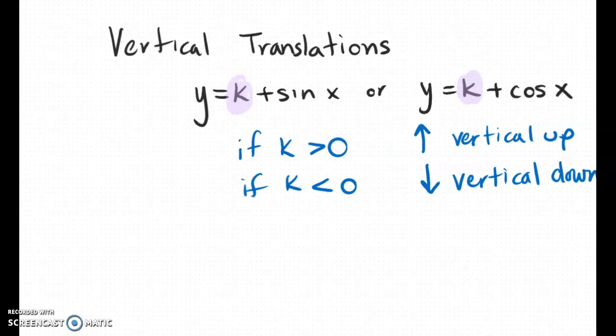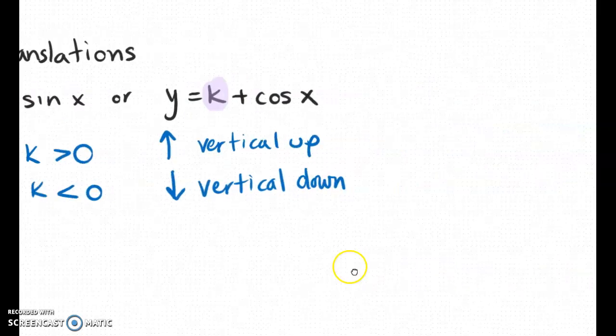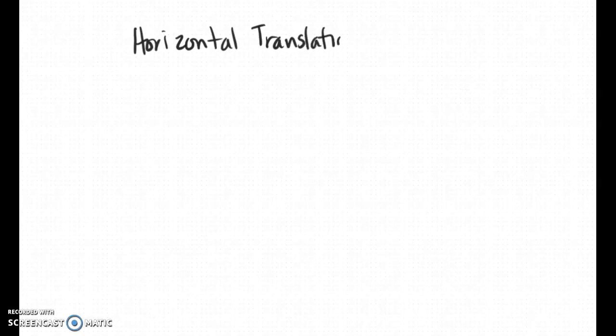You can also have a horizontal translation, and that looks like this. Horizontal means you shift it either left or right. And so it's either this.